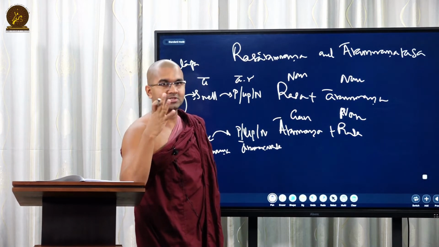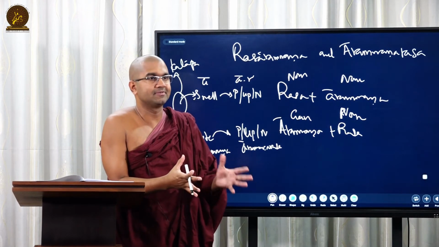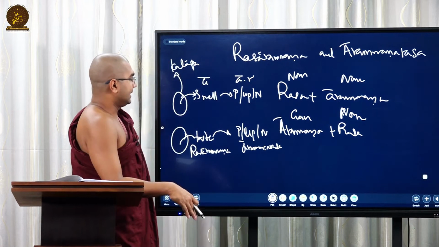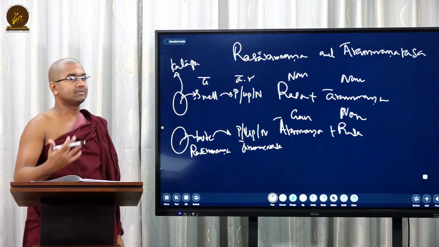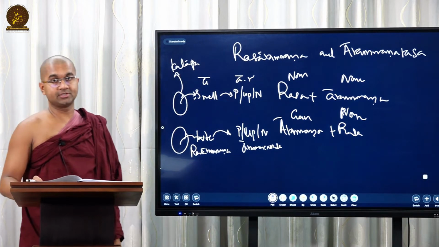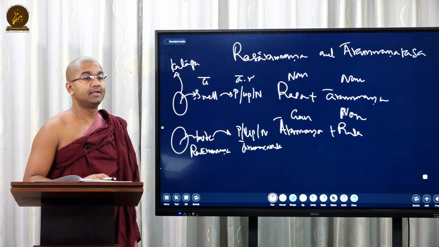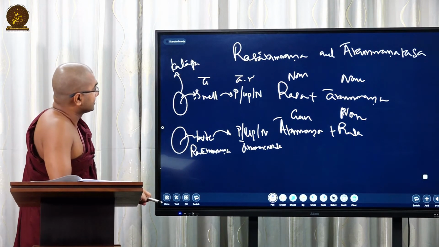Especially we are talking about the sense objects, but it is mentioned that every object in the world has a specific Arammanarasa, its own Arammanarasa. At the same time, sometimes the Arammanarasa of an object is felt differently from its actual nature. That's why pleasant objects can be felt as unpleasant under different circumstances.